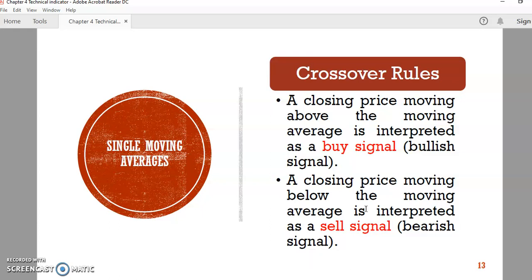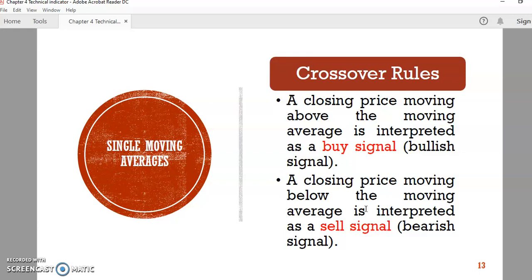So how do we use this simple moving average in making decisions or analysis? Okay, there are crossover rules that can be used in making decisions. So the first crossover rule is a buying signal, and the second one is a selling signal.